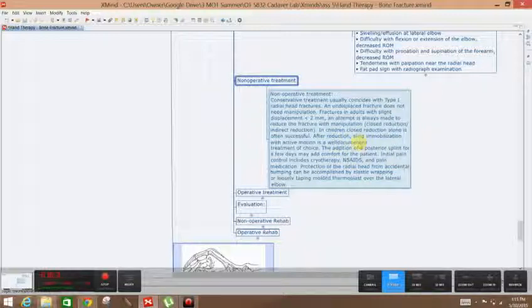But basically, it's sling immobilization, closed reduction initially, and a posterior splint for the days to add comfort to the patient. There's also cryotherapy and use of NSAIDs to reduce inflammation, which are pain medications.